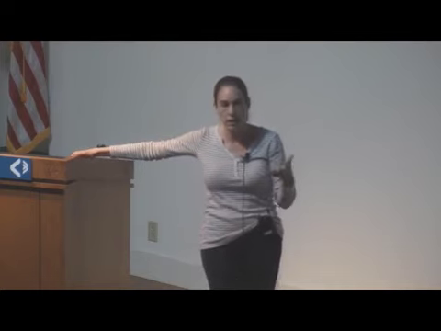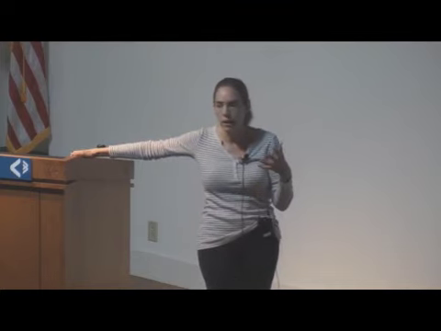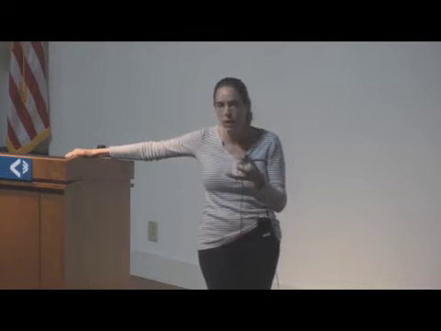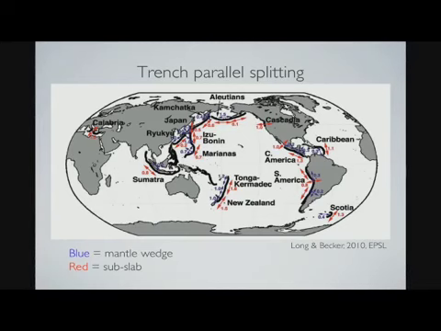So I will say now that where I'm going to end up with this talk is that it is complicated. I would say 15 years ago we were looking for this simple solution, and that was going to be this B-type olivine fabric that I will show you in a second. And then it also became clear from modeling that was done partly by Peter Van Keken's group that that doesn't solve the problem, because you also don't access that fabric type.